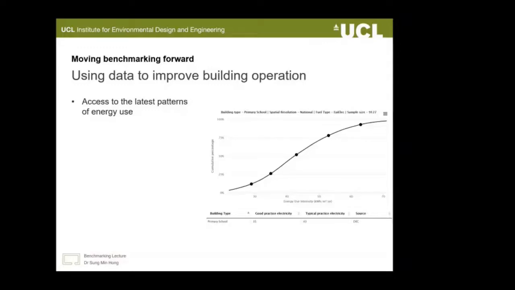Traditionally, at least in the UK anyway, what you would have had access to through benchmarking documents are typical performance and good practice performance points, which relate to median and lower quartile.